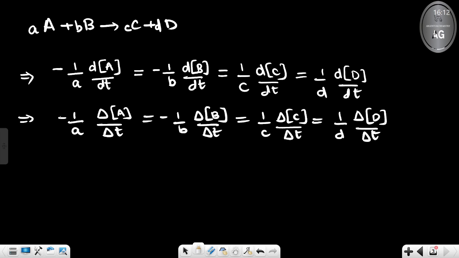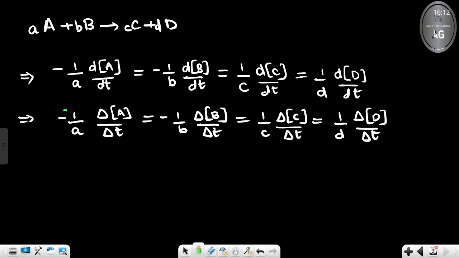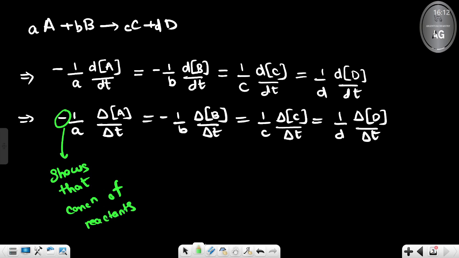Understood? This minus sign only signifies that the concentration is decreasing. I am writing minus to show that the concentration of that particular substance A decreases with time.